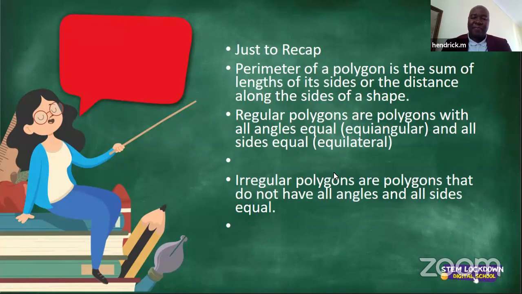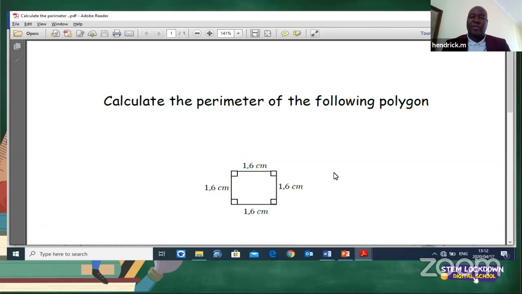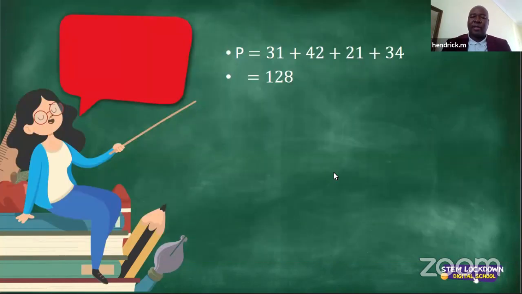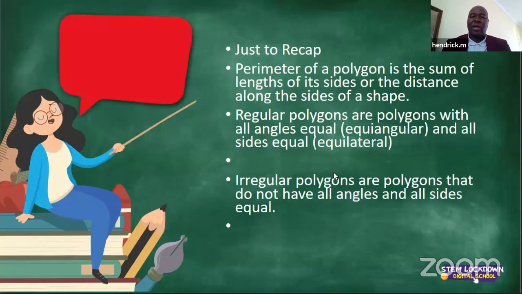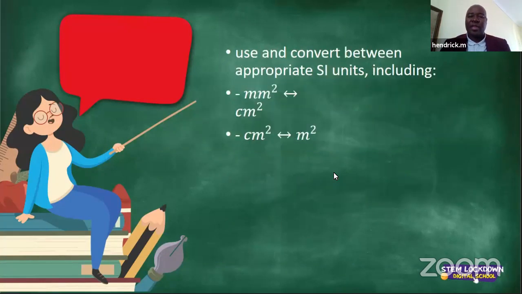But at the same time, we also looked at a wide range of examples where we were able to look at the regular polygons in an example like this one here, and of course the previous one, which is an irregular polygon. And then equally, we finalized our lesson today with using and converting between the appropriate units, which we are probably going to use a lot in the study of polygons.